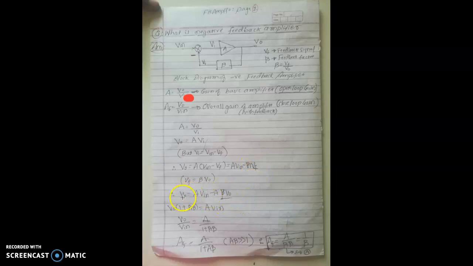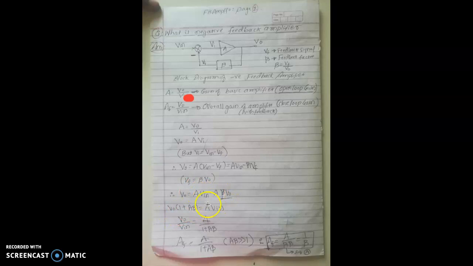Now, the next step is to take this V naught on one side of the equation and let the rest be on the other side. So we are going to have V naught plus A beta V naught. If you take V naught common between these, V naught goes out and we are left with 1 plus A beta.